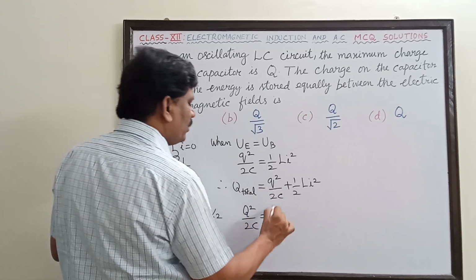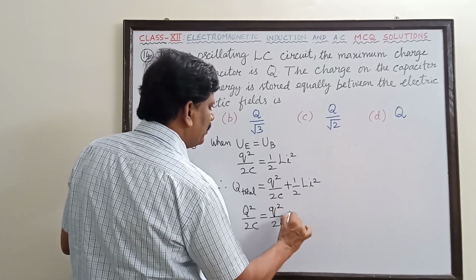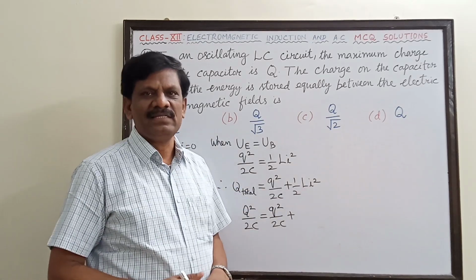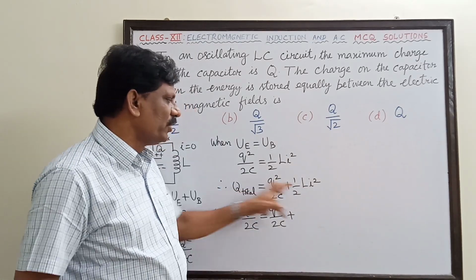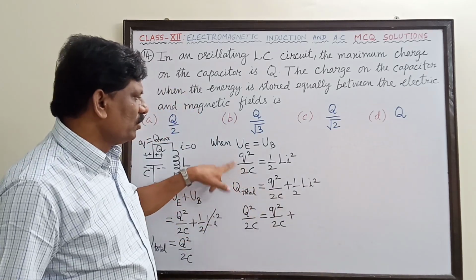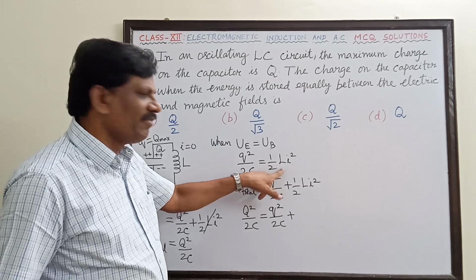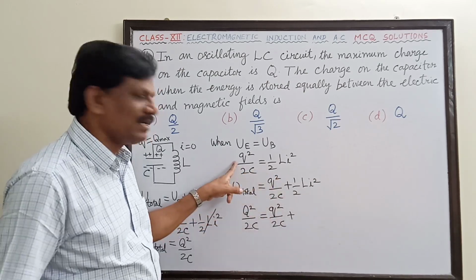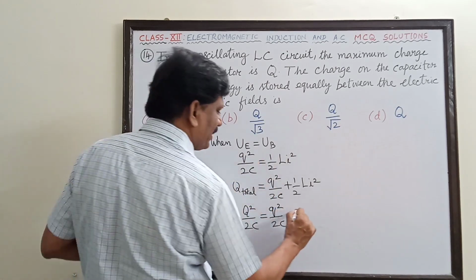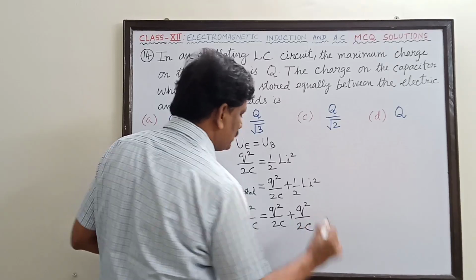And this is equal to q square divided by 2C plus half L i square, since some current will flow in the coil corresponding to the charge q. Instead of half L i square, I am going to substitute q square by 2C itself, because both are equal, 50-50%.